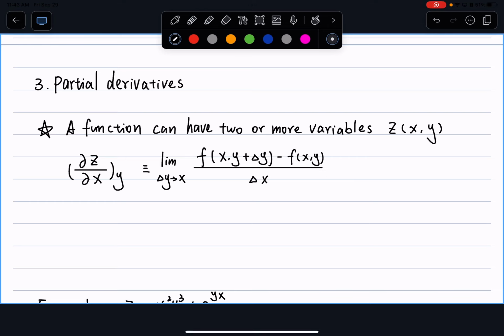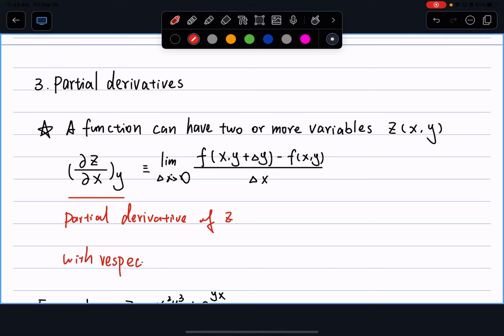So effectively, what we're talking about here is the partial derivative of z. We're just keeping one of the variables constant and taking the partial derivative with respect to the second variable.